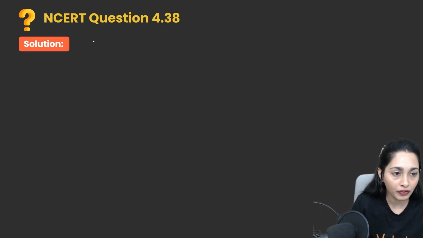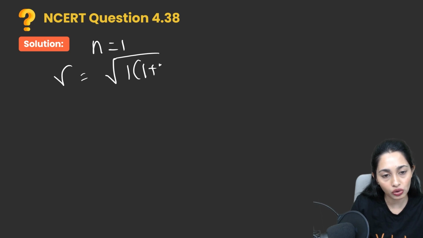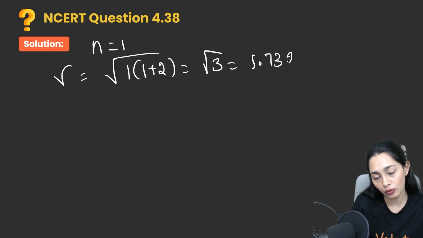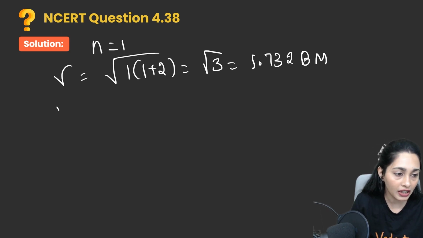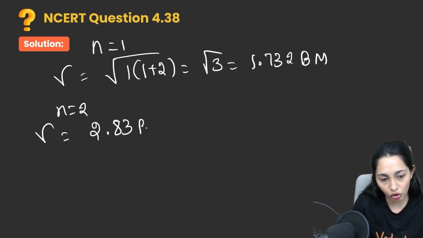If n is equal to 1, the magnetic moment is root of 1 into 3, so root of 3, which is equal to 1.732 Bohr magneton. If n is equal to 2, it is going to be 2.83 Bohr magneton.